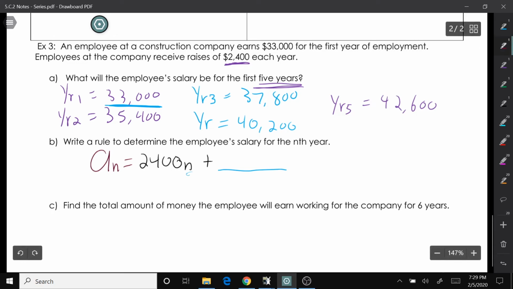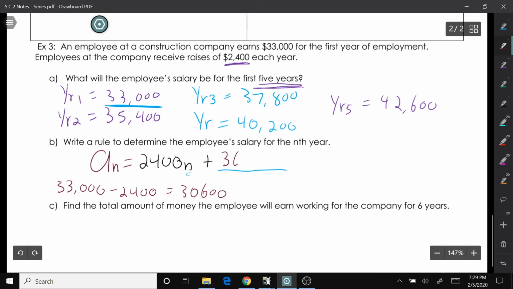So what we'll need to do is go backwards 1. So $33,000 minus 2,400, and that gives us 30,600. So that is our y-intercept. So now we could plug in any value of n to this function or this rule, and it will tell us how much the employee made that year.